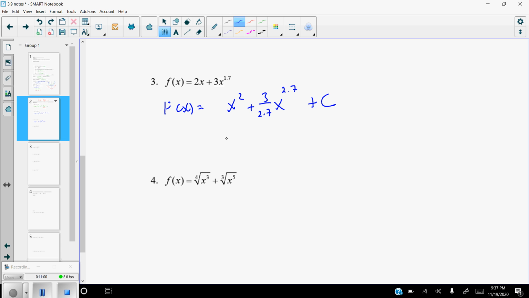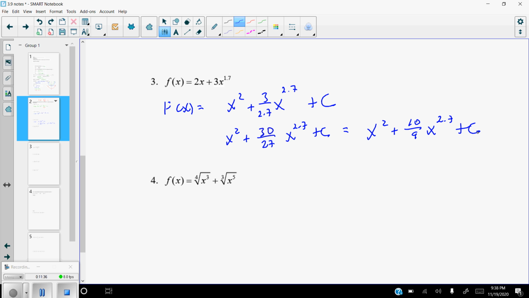So the easiest way to do this one is to multiply the numerator and the denominator by 10. That's just going to move our decimal places one space to the right. And then hopefully you can now see 30 over 27 will reduce because 3 goes into both of them. So this is going to be x squared plus 10 ninths x to the 2.7 plus c. And there's your general antiderivative.